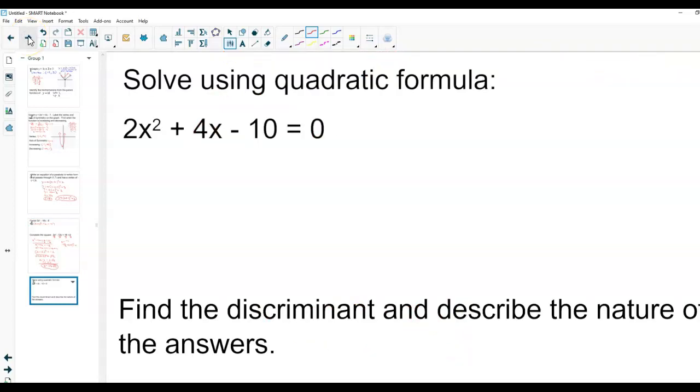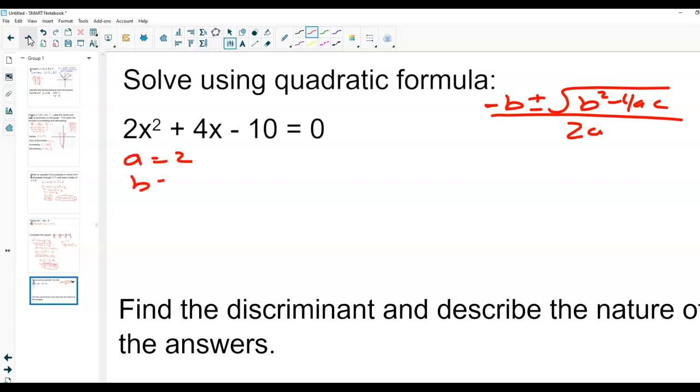If you're asked to use quadratic formula, we're talking about negative b plus or minus the square root of b squared minus 4ac over 2a. Now in this problem here, I could literally make my problem easier by dividing everything by 2, taking a GCF out. I'm just going to use the numbers as they are. A is 2, B is 4, C is negative 10, and we keep the signs with the numbers.